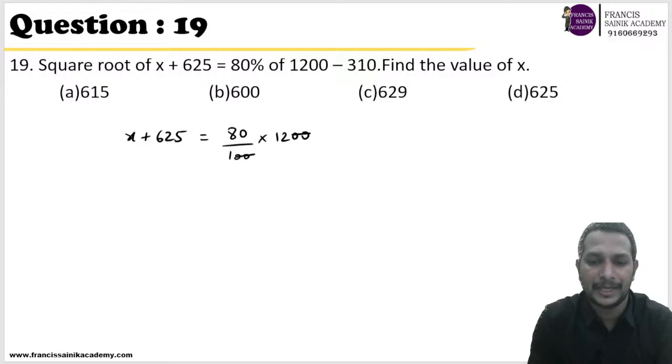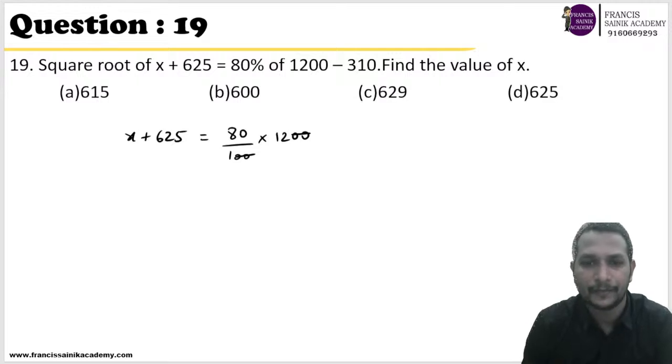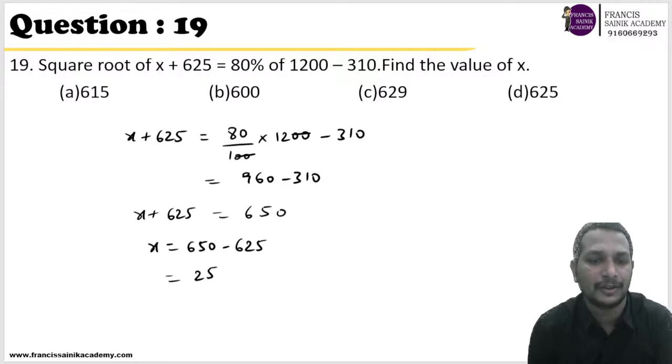Two zeros will be cancelled. 80 into 12 becomes 960, minus 310. If I do the subtraction, we get 650. x plus 625 equals 650, so we got the value of x as 650 minus 625, it's 25.